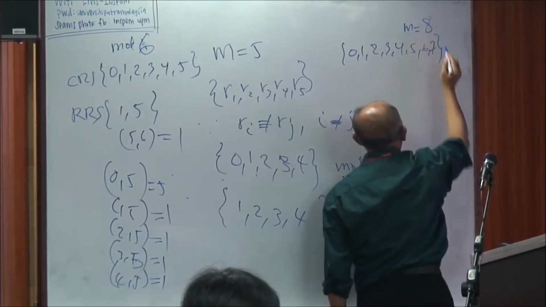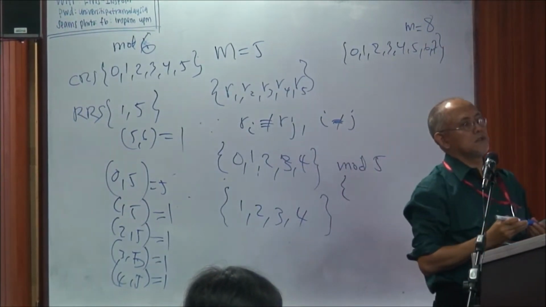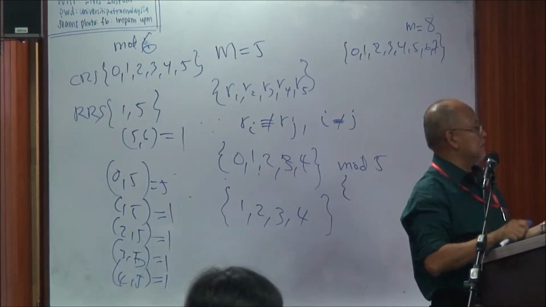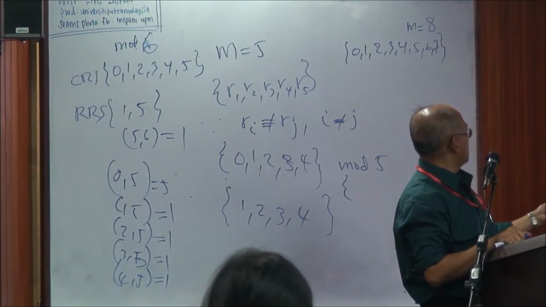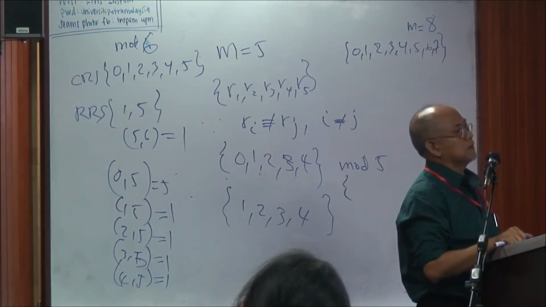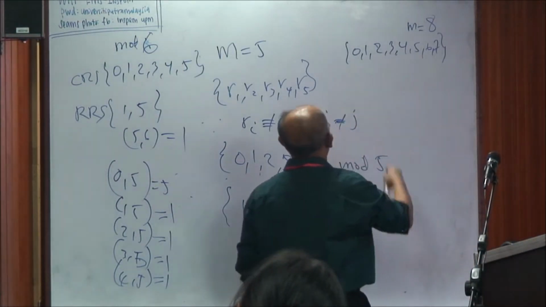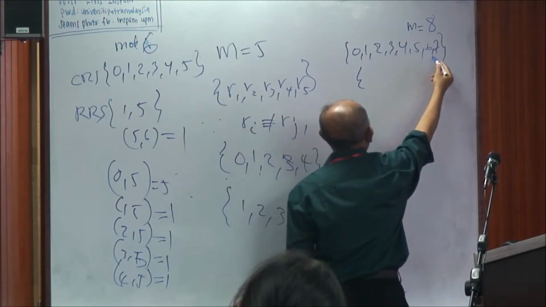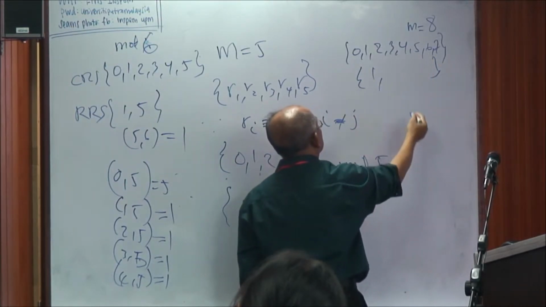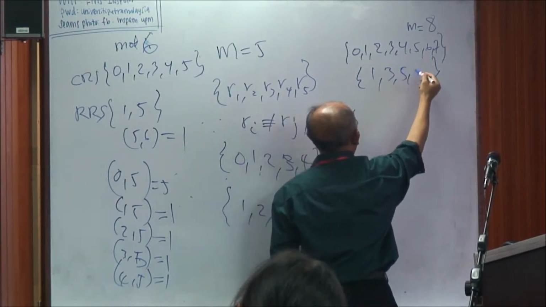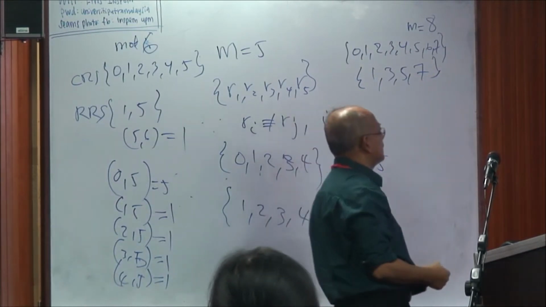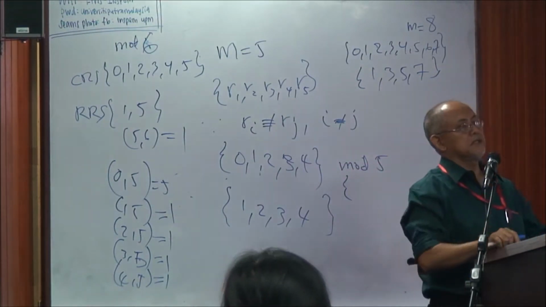So what is the reduced residue system modulo 8? Looking at this condition, which must be satisfied, you can only have how many integers in the set? 1, 3, 5, 7, right? So how many integers in the set?